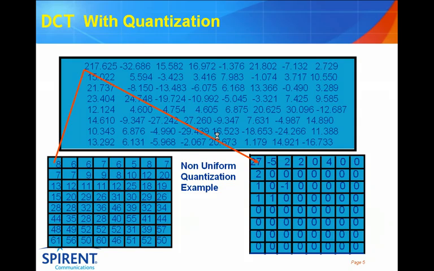The first step is to take the first number in the top left-hand corner of the discrete cosine transform results and divide it by the top left-hand number within the quantization table. So here we get the result of 27. We continue to work our way through the table, dividing all the numbers in turn by the quantization table.